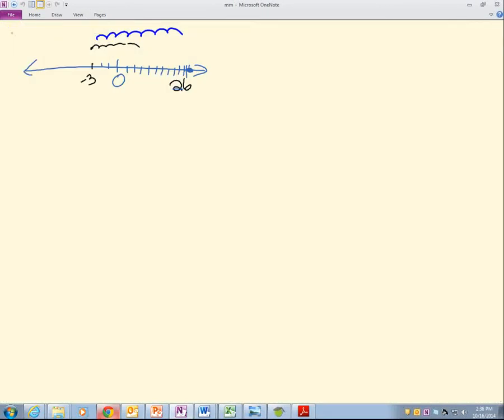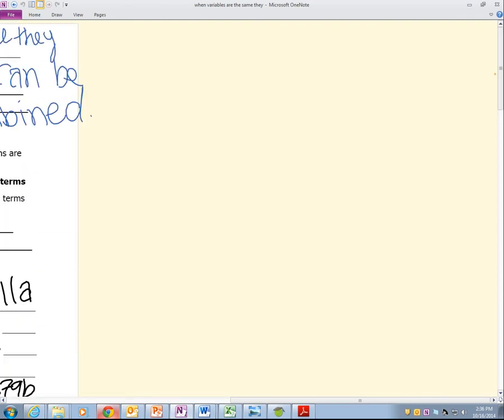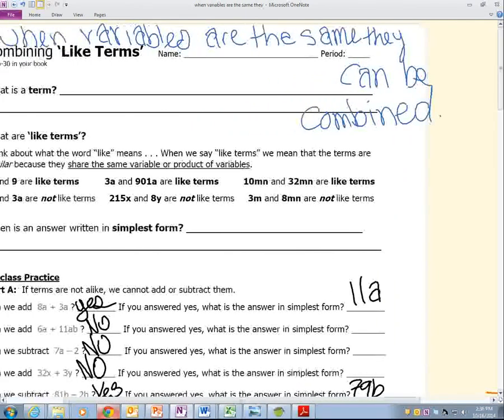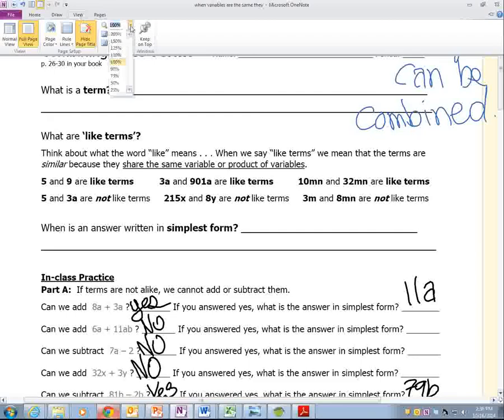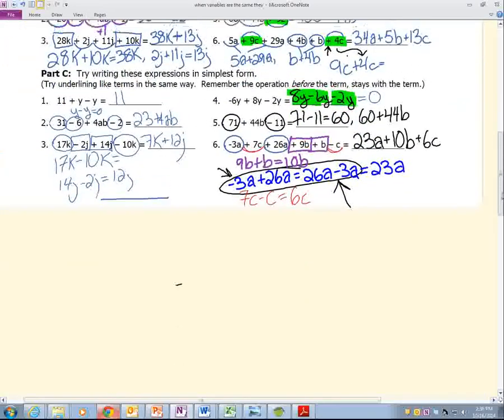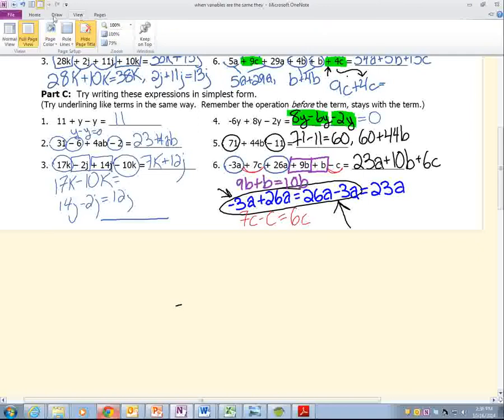Okay, yeah, if you're done with those 10, you can start. Let's see, how far am I going back in time? Okay, combining like terms. There are 5 questions that look like these here in the middle. There are 5 questions. That was from Monday's homework.